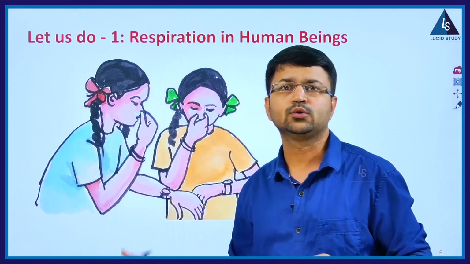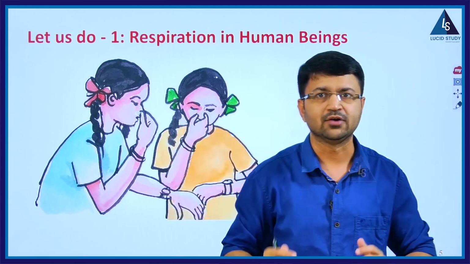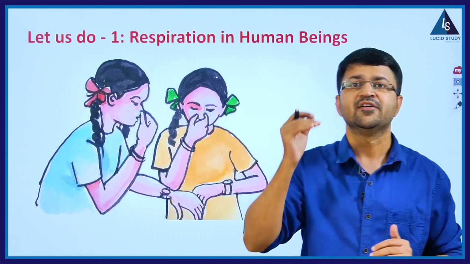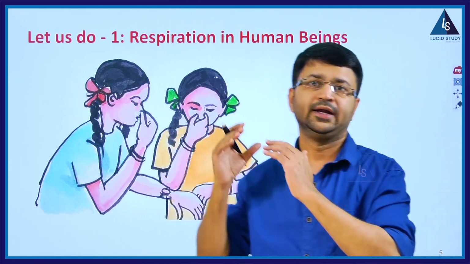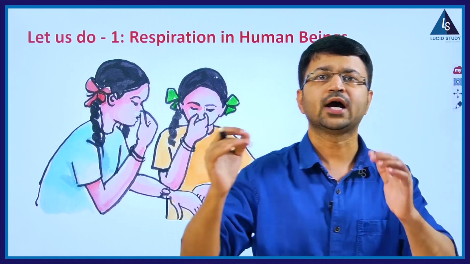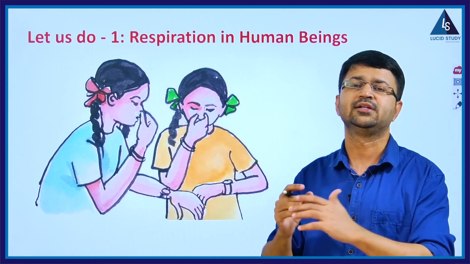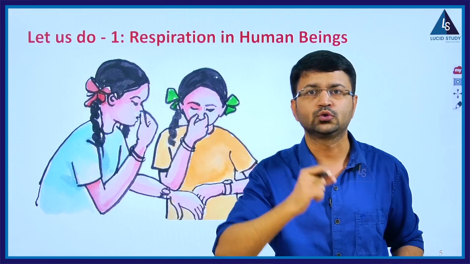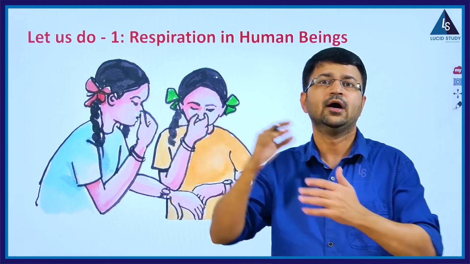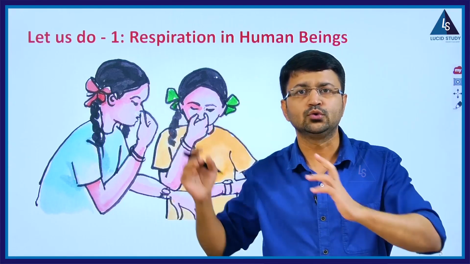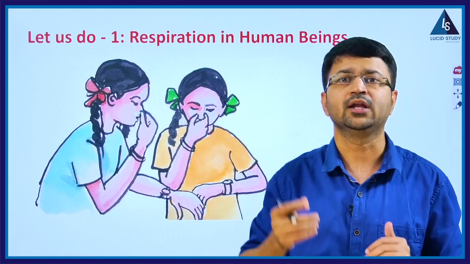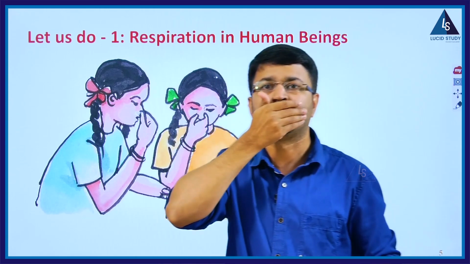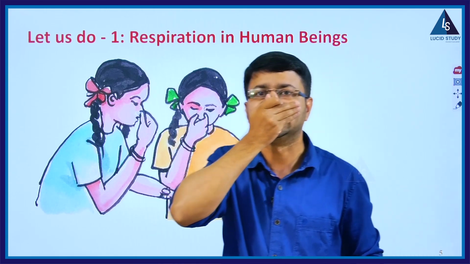In order to carry out this activity, we have to take a watch with a seconds needle, and if we do not have a watch, then we have to clearly count 1, 2, 3 at regular intervals. First of all, with the help of one hand, you have to close your mouth and nose in this manner.